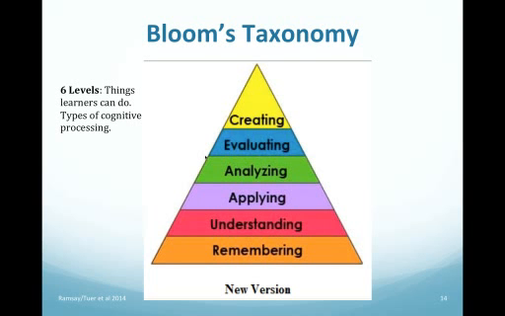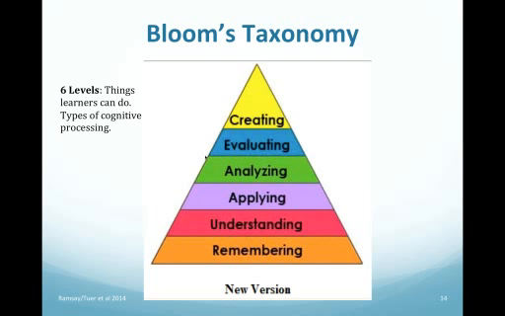Then you move up the ladder again to analyzing. Can the student distinguish between different parts? That's what's happening in analyzing. Some of the things that get asked are appraise, compare, contrast, criticize, explain, differentiate, discriminate, distinguish, examine, experiment, question, test.